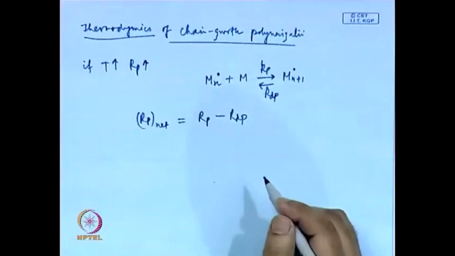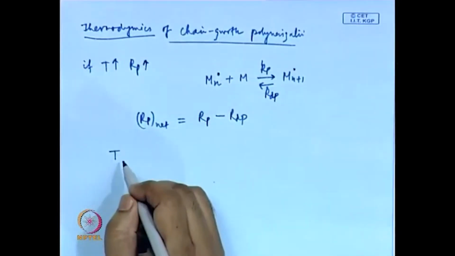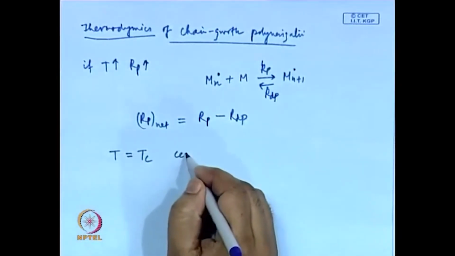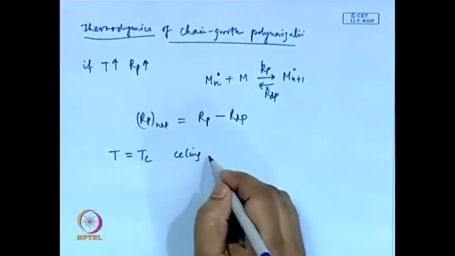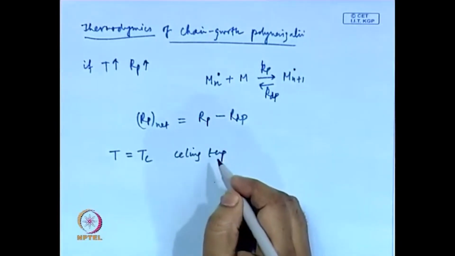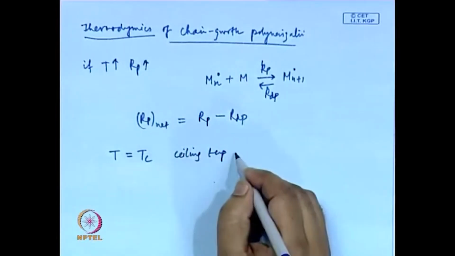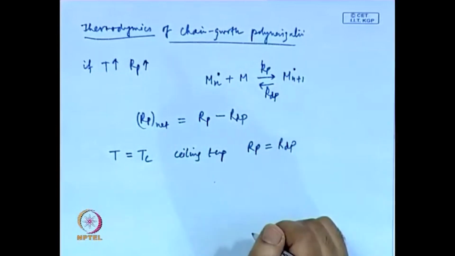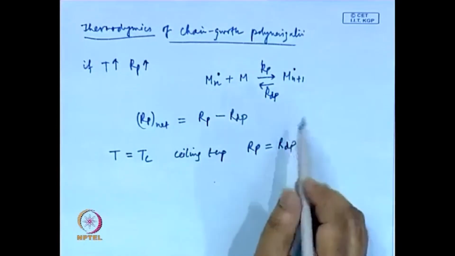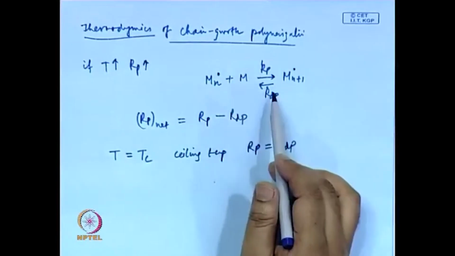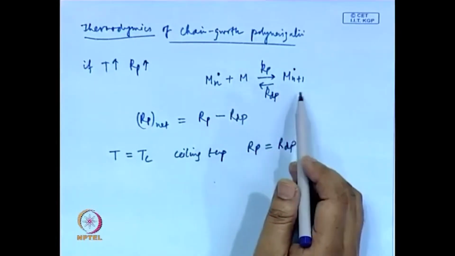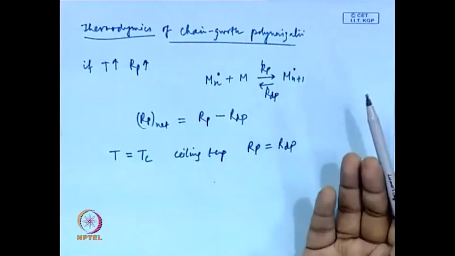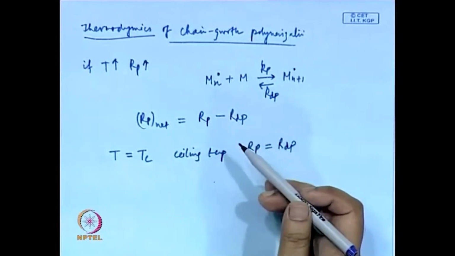So, at some temperature T, which we call Tc, the ceiling temperature, this Rp becomes Rdp. So, basically the propagation and depropagation reactions reach equilibrium. So, the rate of the propagation reaction is the same as the rate of the depropagation reaction.